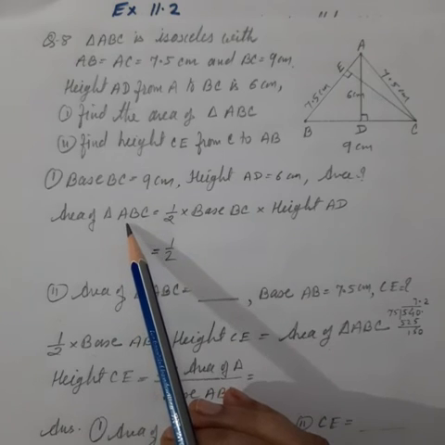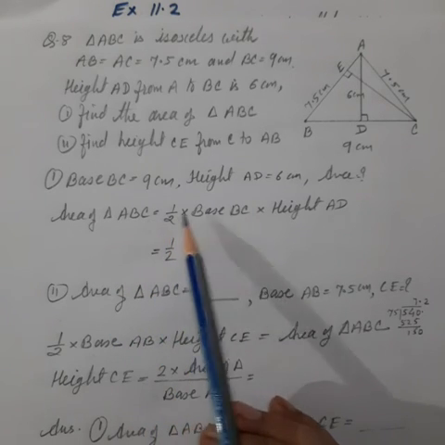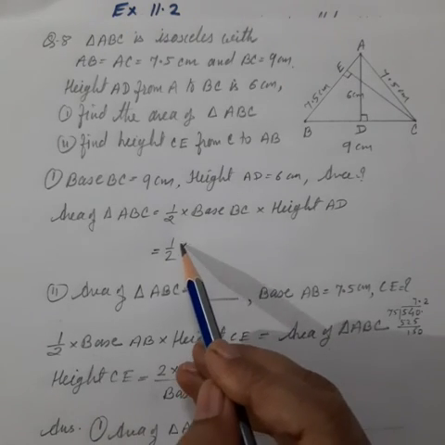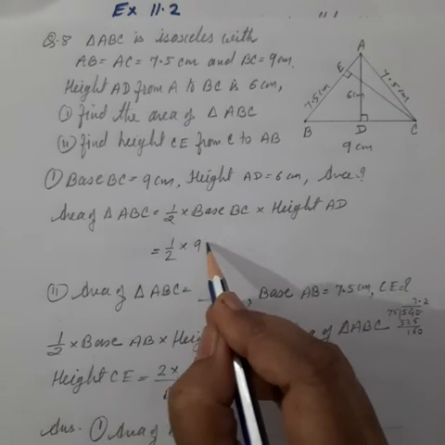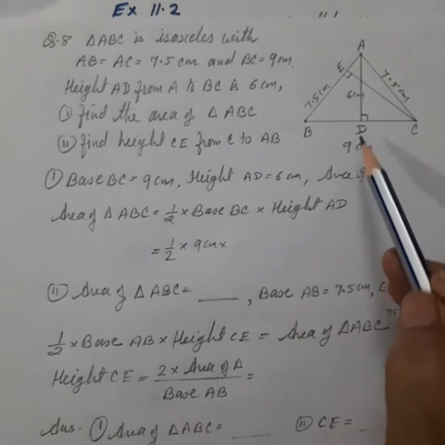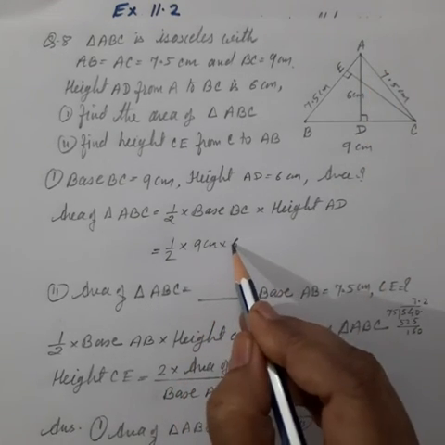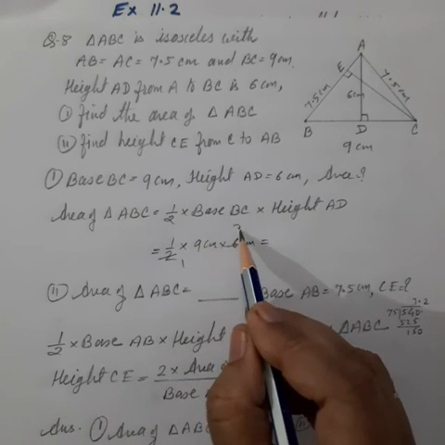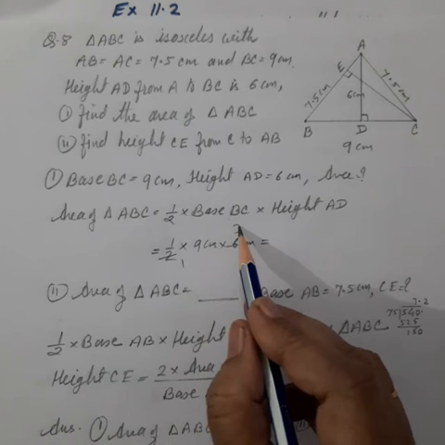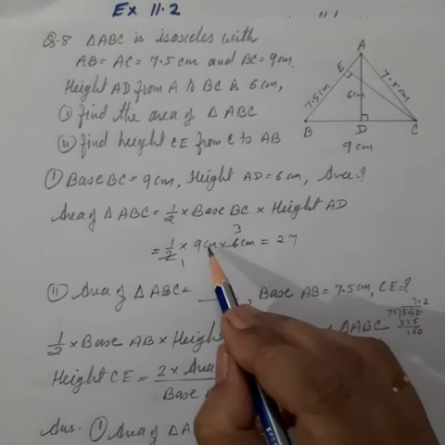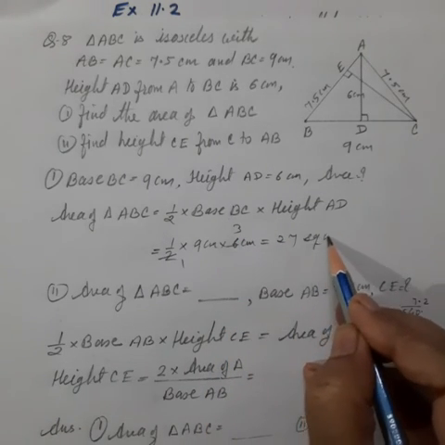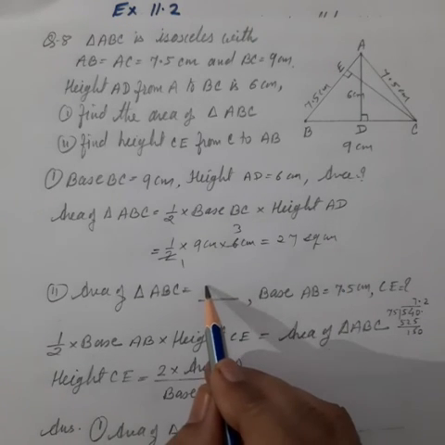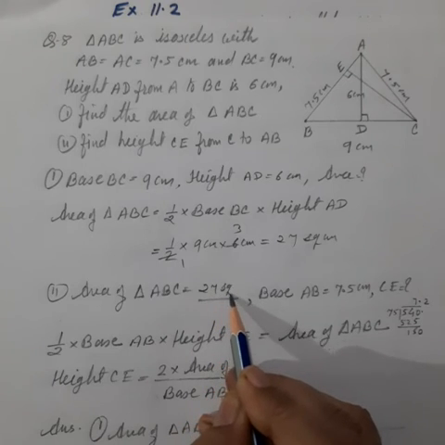For finding out the area of a triangle, we have the formula half base into its corresponding height. Half base BC is given 9 centimeter and its corresponding height AD is given 6 centimeter. 2 1s are 2, 2 3s are 6, 9 3s are 27 and centimeter into centimeter, square centimeter. So the area of this triangle ABC is 27 square centimeter.